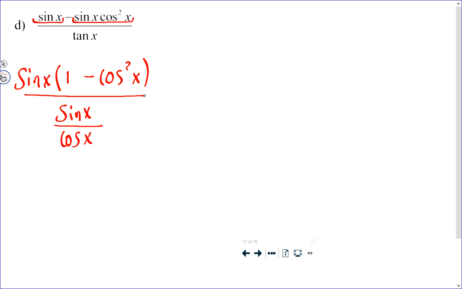Now, we'll come back to that in a second, but I had told you a little while ago that you should be on the lookout for sine squared of x plus cos squared of x, because that is equal to 1.